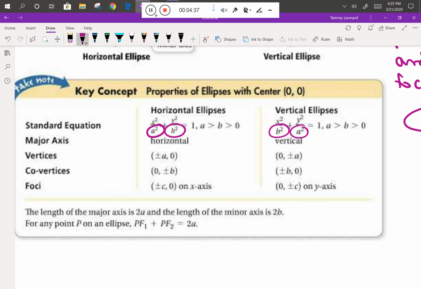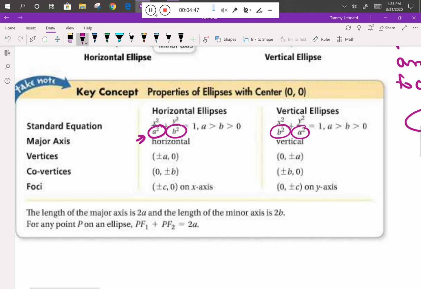So whichever number is bigger, that's how you're going to know that it's A versus B, right? A always has to be bigger than B. So in a horizontal ellipse, notice the bigger value is going to be under the x, whereas in a vertical ellipse, the bigger value will be under the y. And that's how you can tell quickly by looking at an equation which is which.